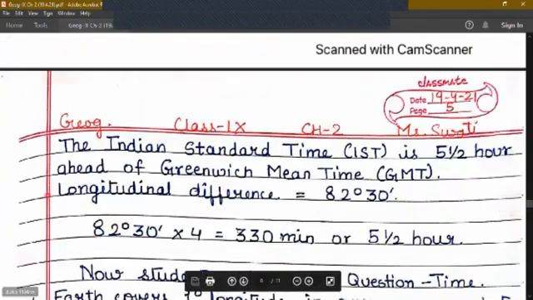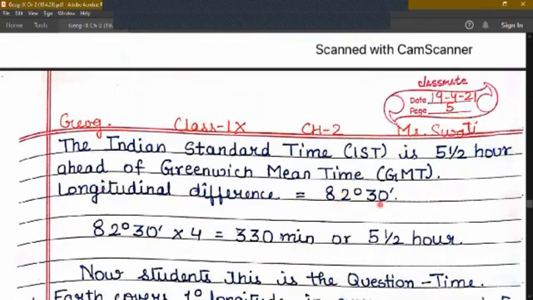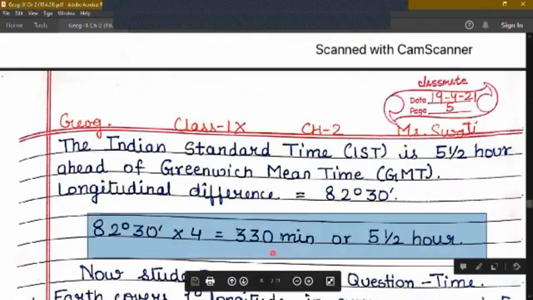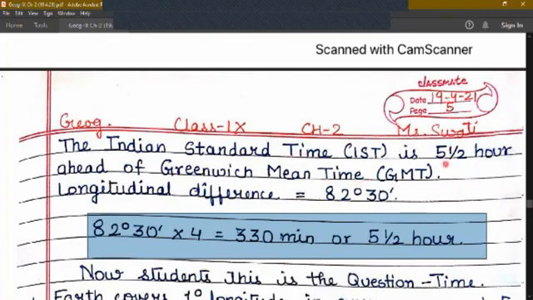Here, the longitudinal difference will be 82 degree 30 minutes east, and it will be multiplied by 4, and this will become 330 minutes or 5.5 hours. So obviously the time gap between the Greenwich Mean Time and Indian Standard Time is 5.5 hours.